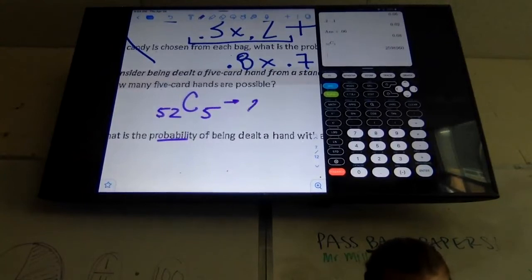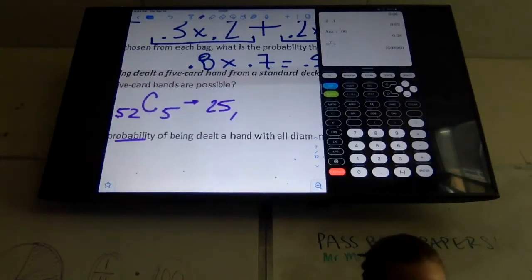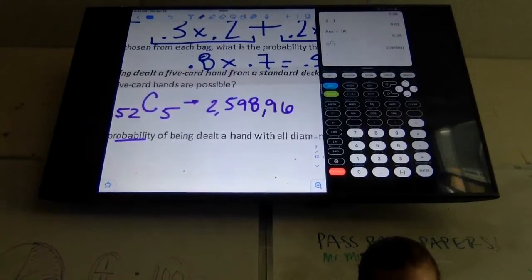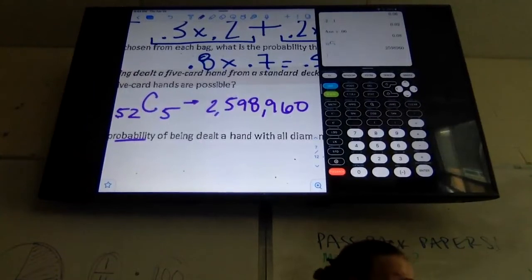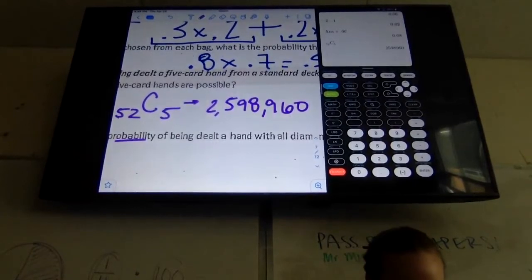No, too many. I lost a decimal. 2,598,960. It's a lot of different combinations. So people like to play cards because there's a lot of possibilities out there.